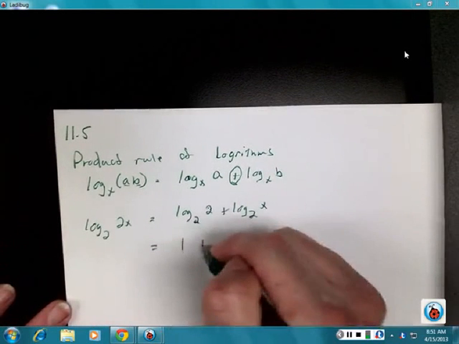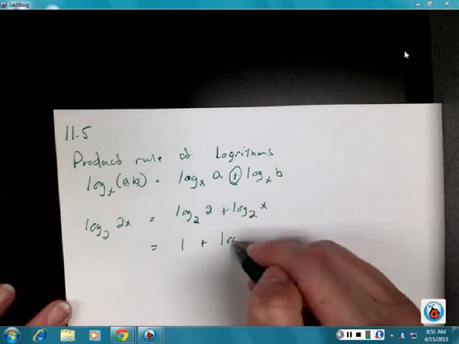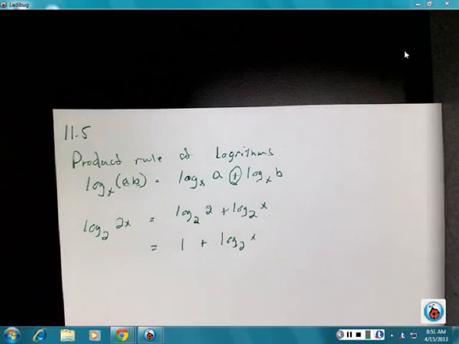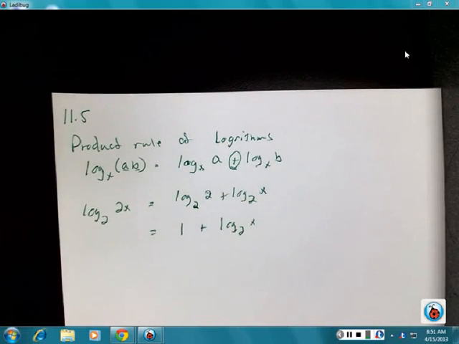So this would actually be 1 plus log base 2 of x, and you would end up breaking it one step farther to come up with what your solution would happen to be for that one. And so you can break them apart and do more stuff with those. And we'll do more practice with this stuff as we get into the practice part that we have. But I wanted to get all the rules or the laws and stuff that are out here.